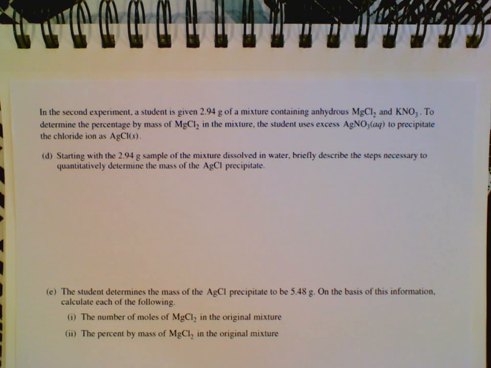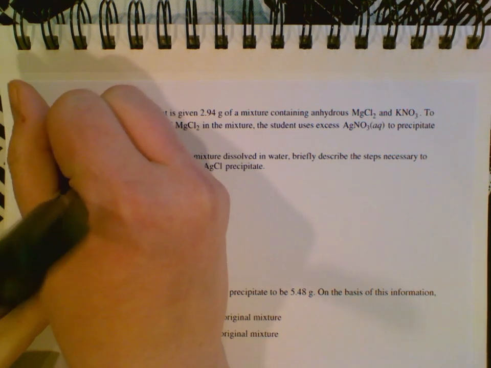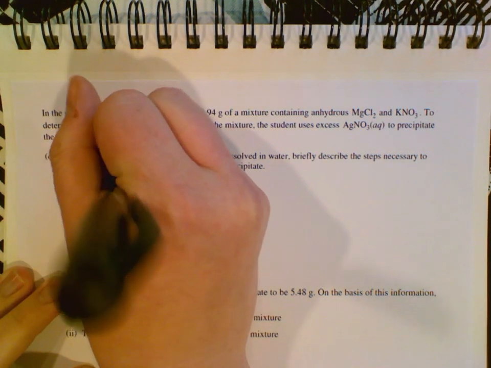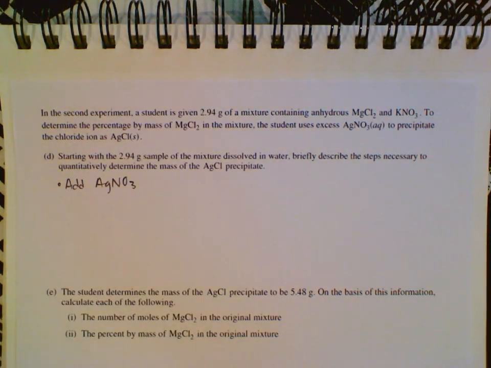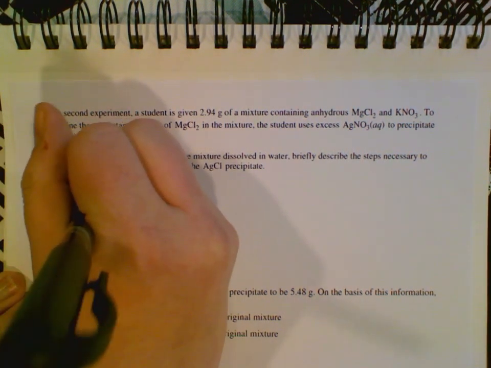You could write this as a bulleted list if you wanted to. I would think that would be preferred rather than writing a full paragraph. So the first thing you need to do is add silver nitrate. You have to add that, otherwise, you're not going to get any precipitate. Once you do that, your precipitate's going to form. You're going to let it settle on the bottom. Then you need to filter your precipitate out.